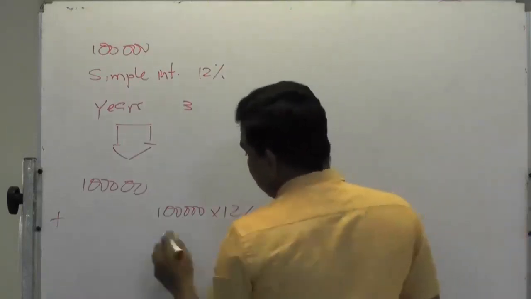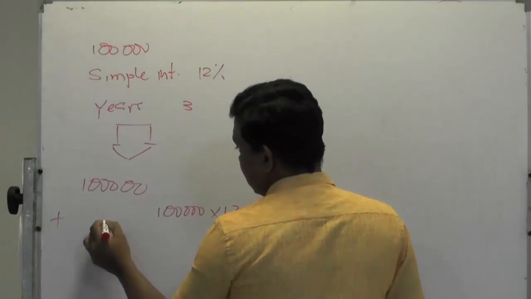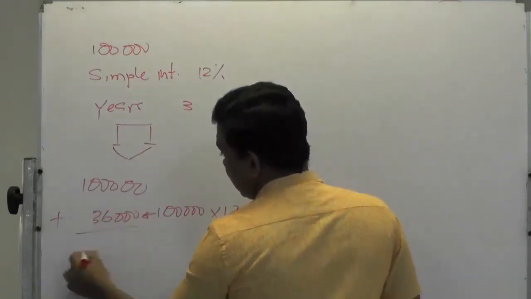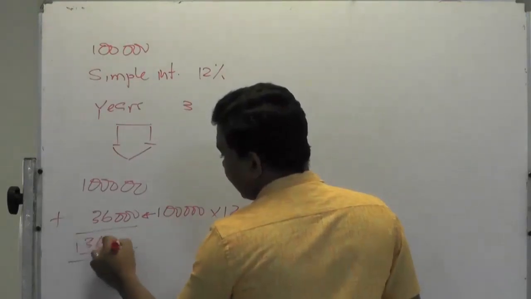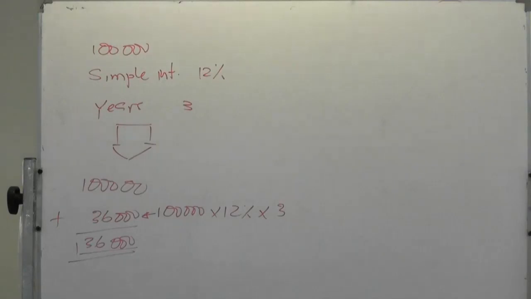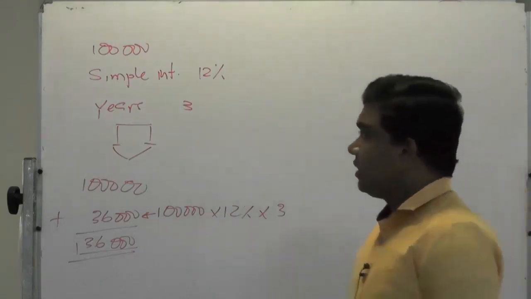Then your total interest will be 36,000. Therefore, the amount that can be collected at the end of the 3 years is 136,000 according to the simple interest rate of 12% and number of years 3, right.